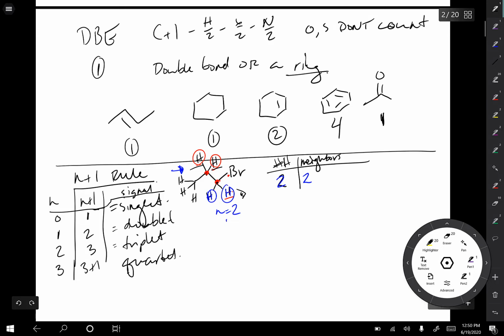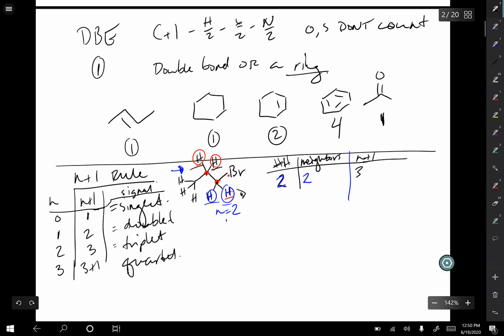Let's jump over to the blue hydrogens that we just looked at. We have 2 neighbors. That means our N+1 is going to be 3. What does that mean? What kind of signal are we going to get? This will be a triplet. What does a triplet look like? It's a 1 to 2 to 1 ratio, okay?